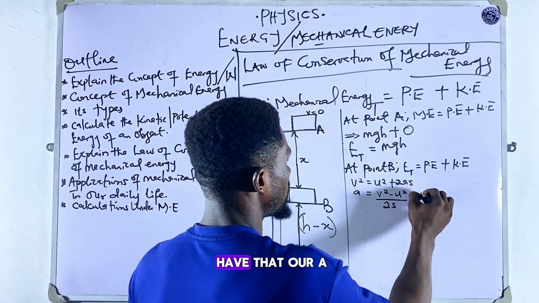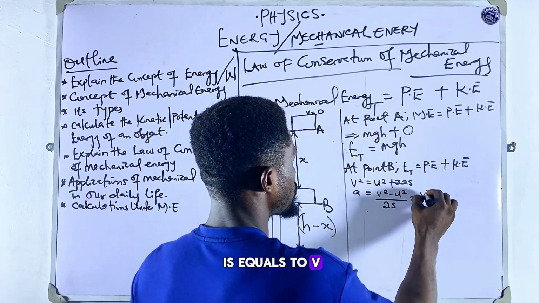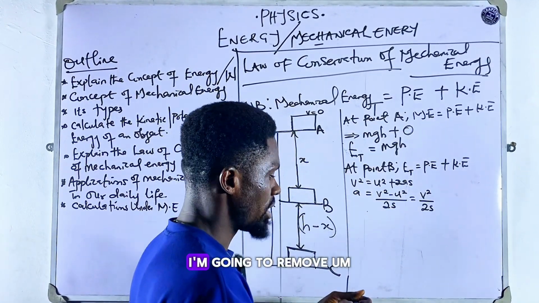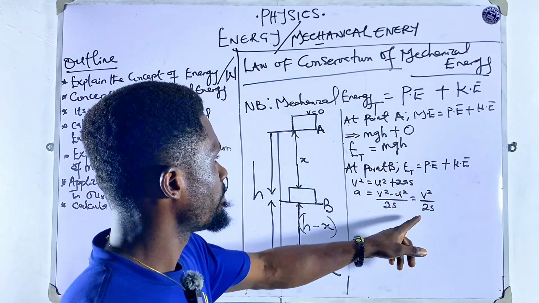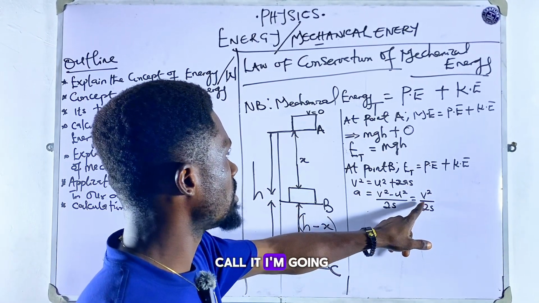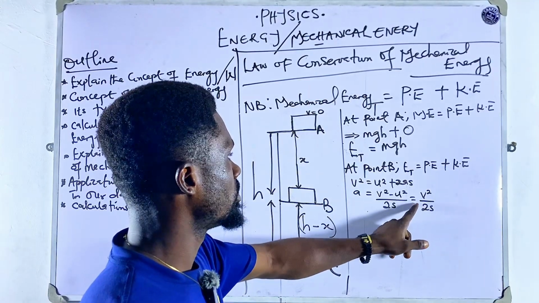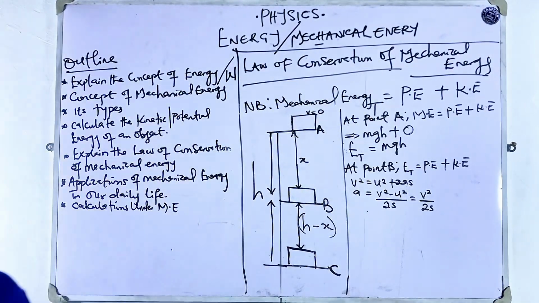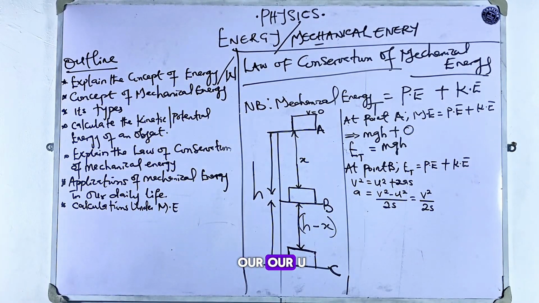Now I'm going to have a equals v squared all over 2s because I'm going to remove our u.